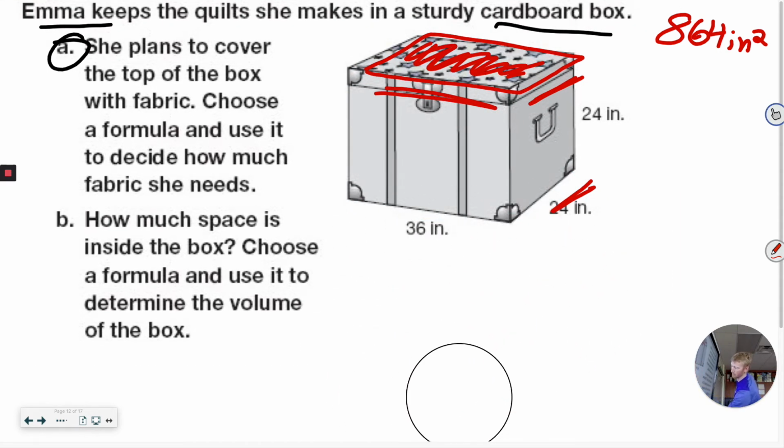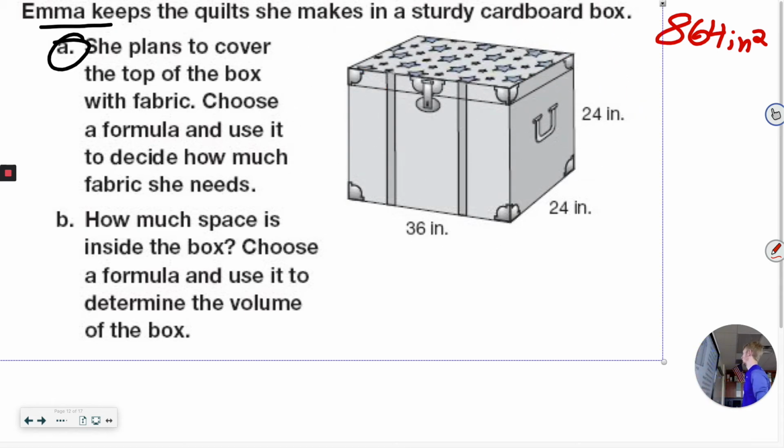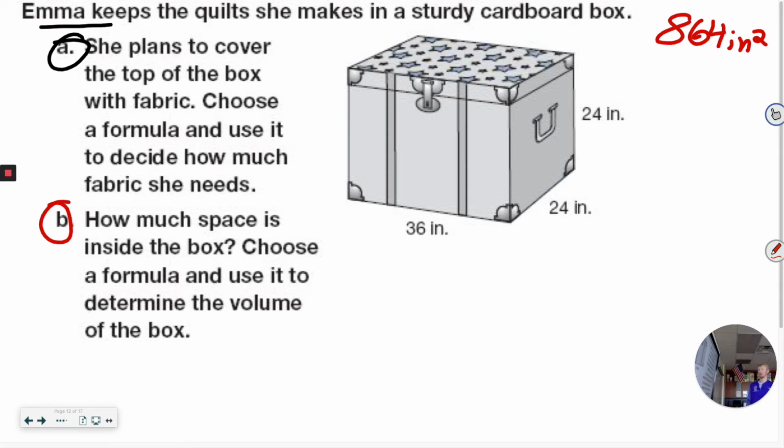All right. Now, the next one. B, it says, how much space is inside the box? So now we're talking about volume, the space inside the box. So volume is length times width times height. Okay, now I already did length times width. That's how I got this number up here, 864.